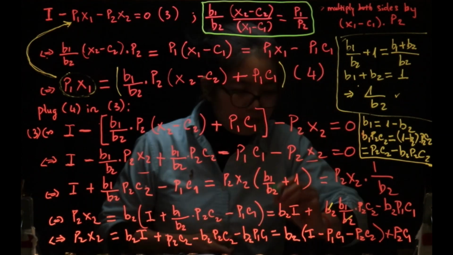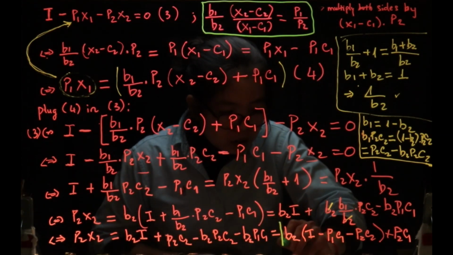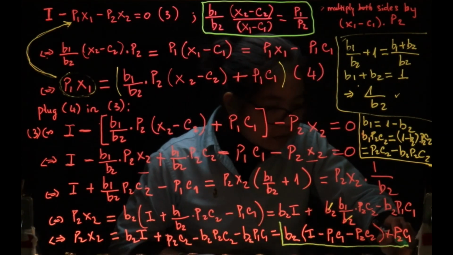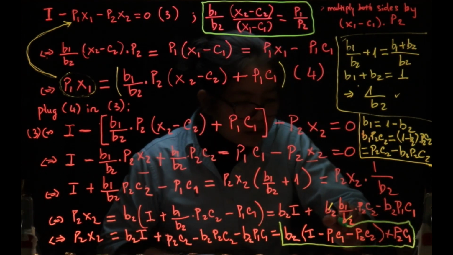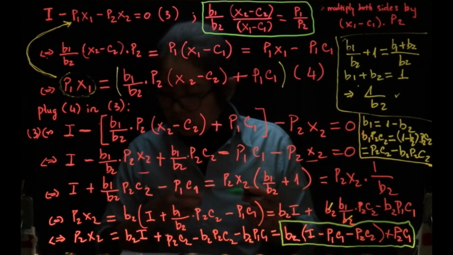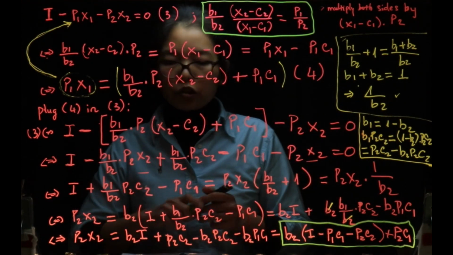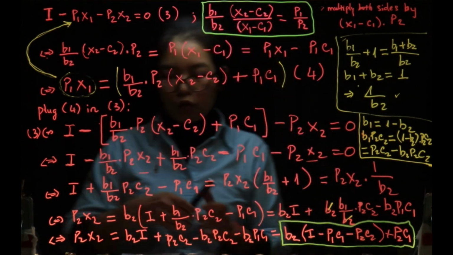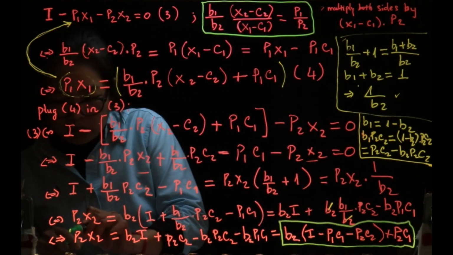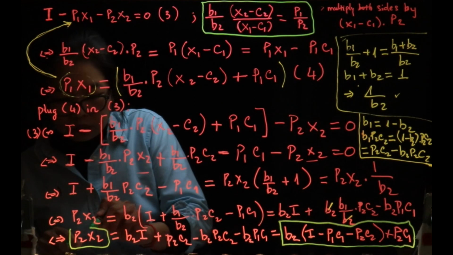So I put a box around it to highlight the result. This is the result that you should get on slide 24 for the expenditure on x2.